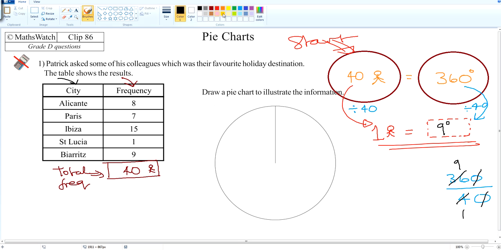So we now know that our multiplier for the frequency is 9 on each one.